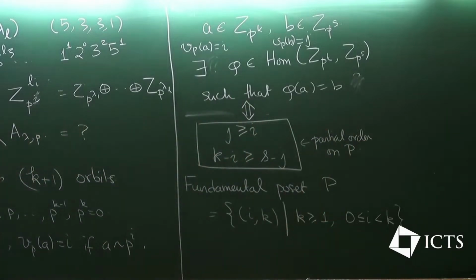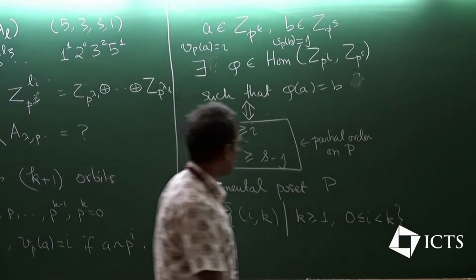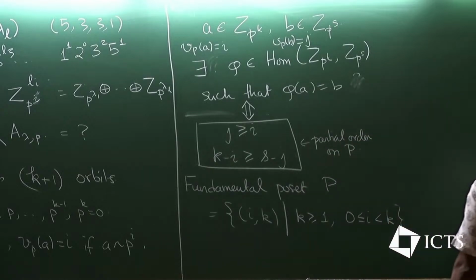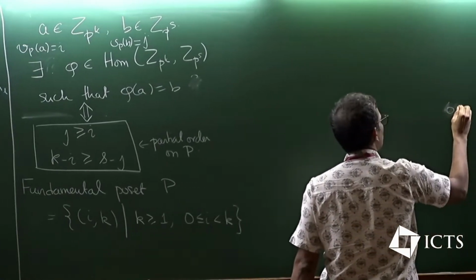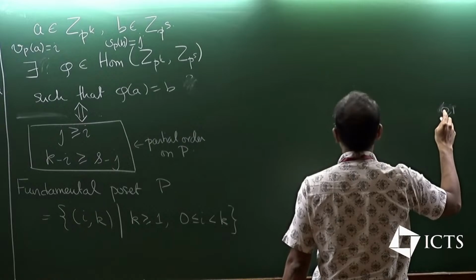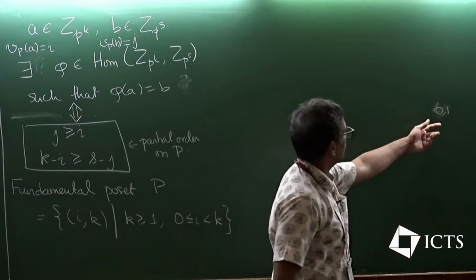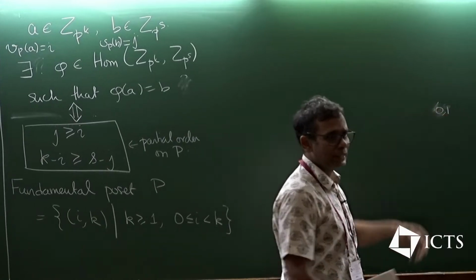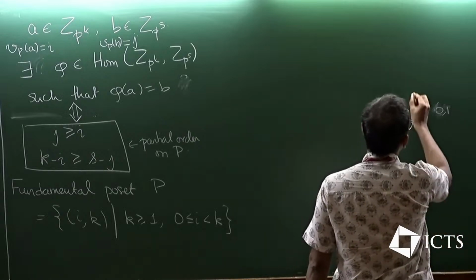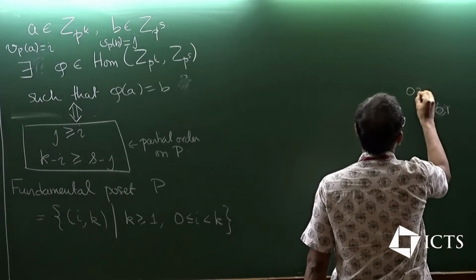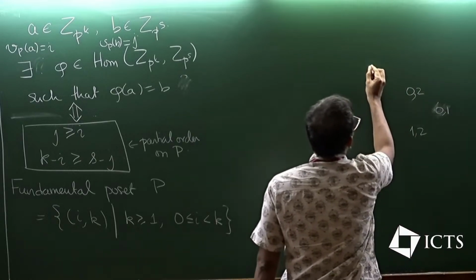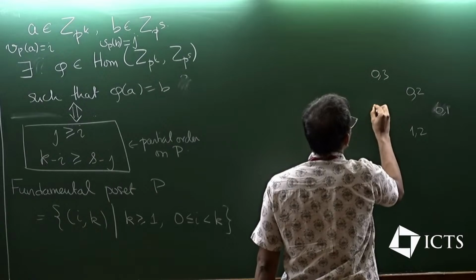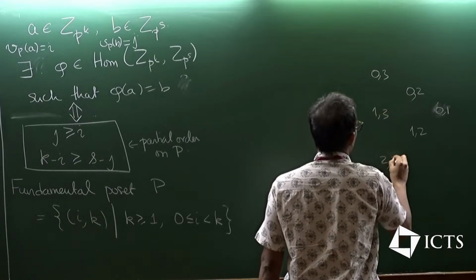Okay, so let's just draw the Hasse diagram of this partially ordered set. So you have this element (0, 1). This represents a non-zero element of Z mod PZ. And when you look at Z mod P squared Z, you have (0, 2) and (1, 2). When you look at Z mod P cubed, you have (0, 3), (1, 3), (2, 3).